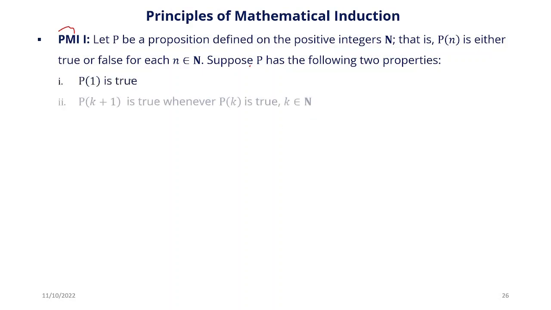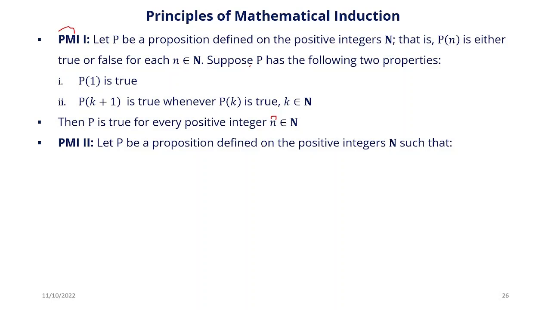P(1) is true. P(k+1) is also true whenever P(k) is true for k in the set of natural numbers. Then P is true for every positive integer n in N. This is obvious, because we are counting from 1, 2, 3, 4. So it's true for every positive integer. That's proposition 1.